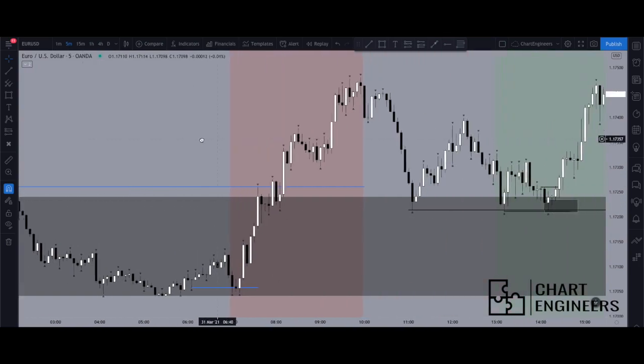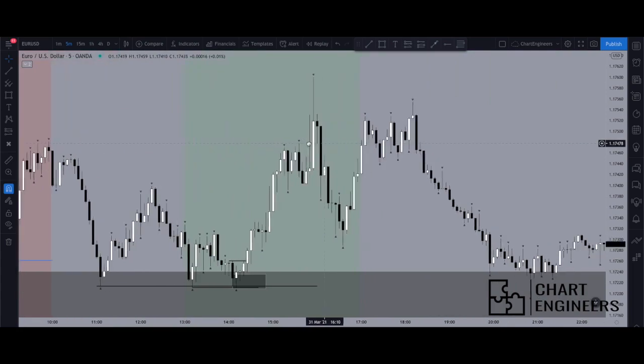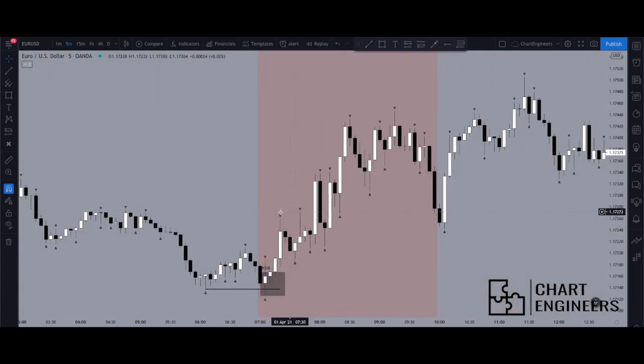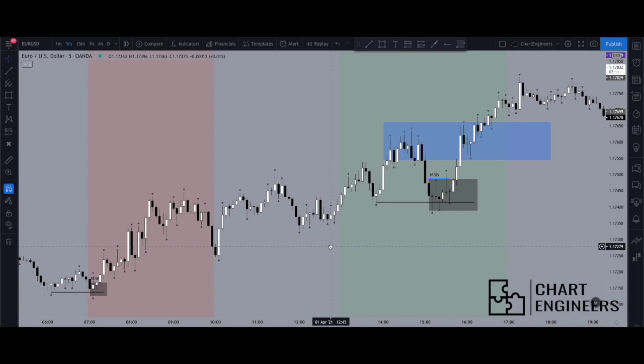Then the next day we got no entries on the Wednesday, so you just stay at +11 R. On the Thursday we had our raid, structure break, and then our +3 again, so that's 14 R for the week so far.